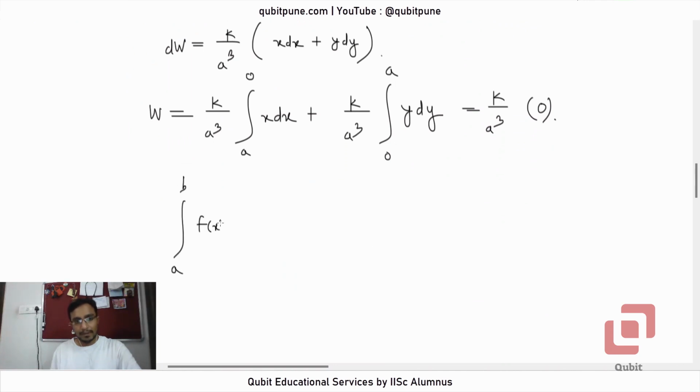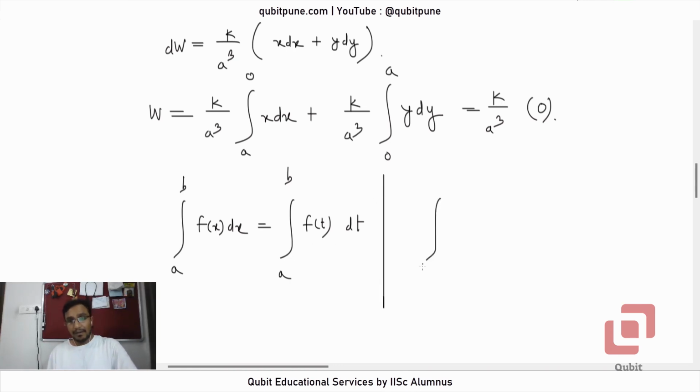The first property is that in definite integration, the variable of integration is a dummy variable. The second property is that if you flip the limits, the value of the definite integral changes its sign.